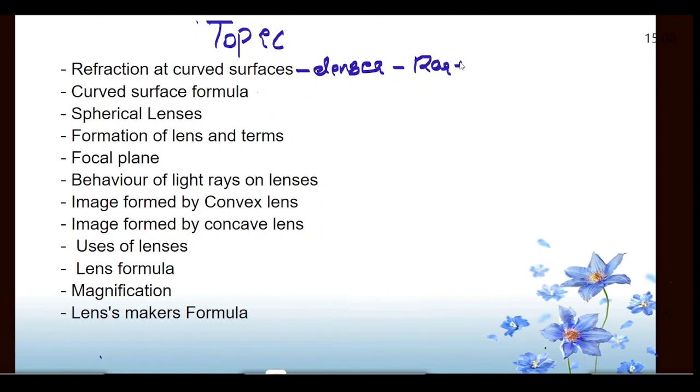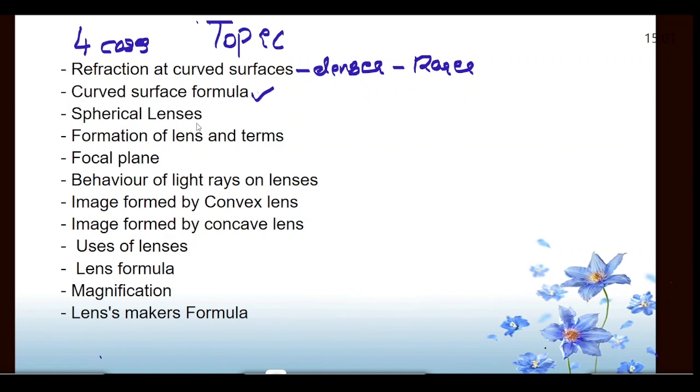We will discuss four cases of how the light ray bends. After that, we will discuss the curved surface formula. In the chapter there is a derivation of this formula, but since it is a revision, we will only discuss the formula and the terms.